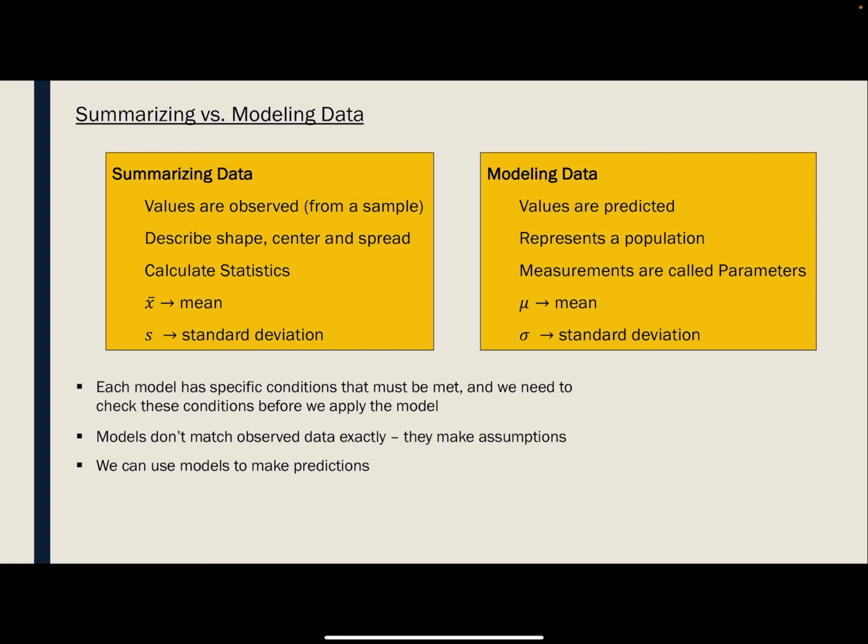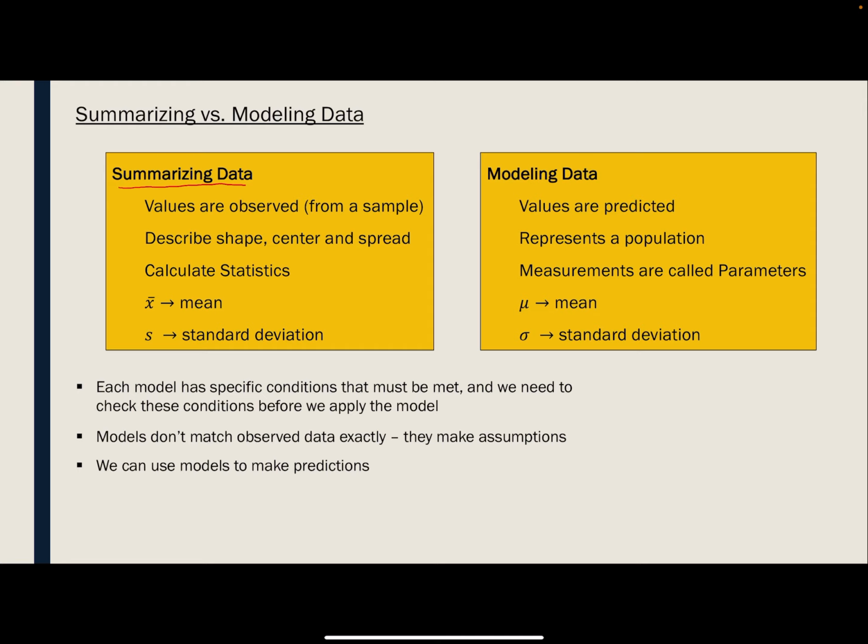So back in Chapter 2, we were summarizing data. We were looking at tables, and those tables represented a sample of observed data. They were data that we measured in the real world. And we took that data and we graphed it.